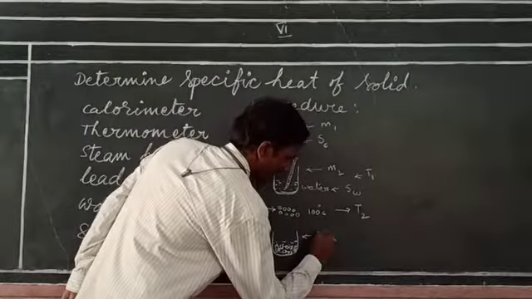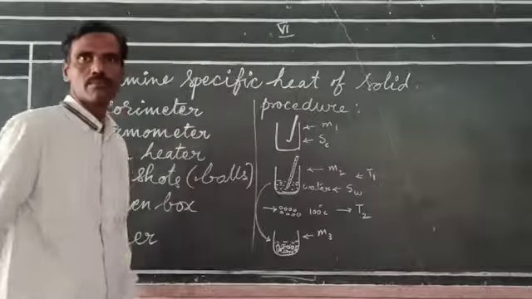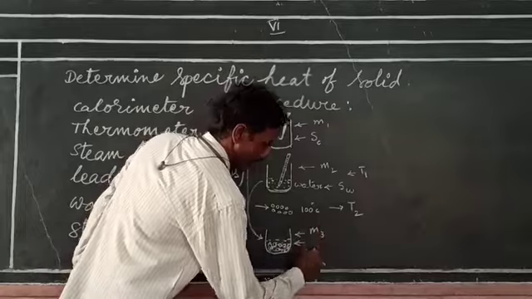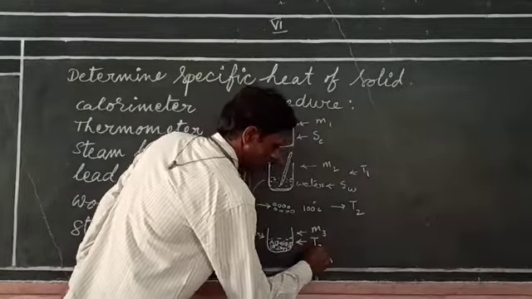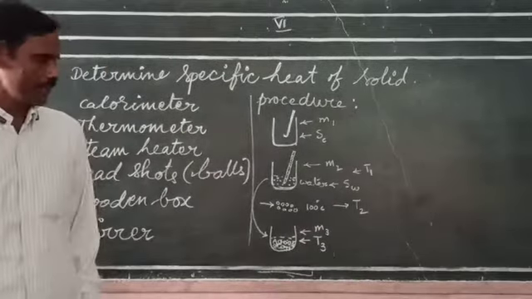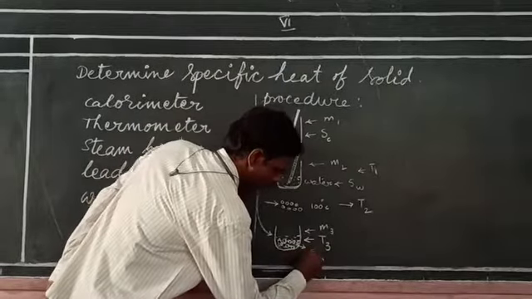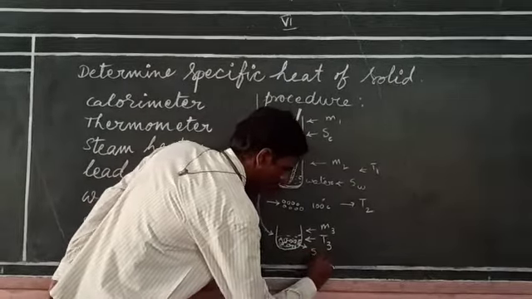Let its mass be M3, and find the temperature of this mixture. Let it be T3. Let the specific heat of lead shots be SL.